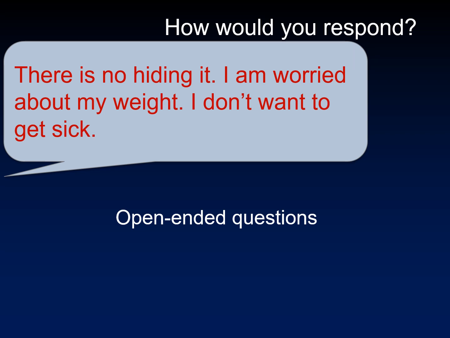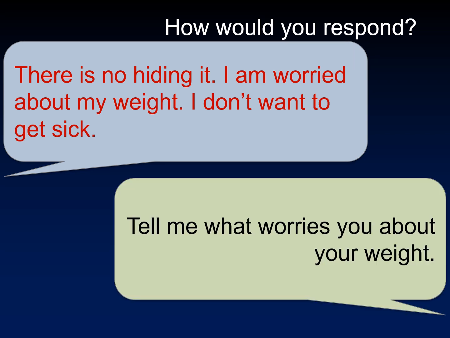And as an example, tell me what worries you about your weight. Right? So they've told you they're worried about it, but actually you don't know why they're worried. You made an assumption that they're worried about diabetes. I once had a patient who told me her main worry was that it was difficult to find clothes that fit, right? And that actually was the engine, the driver of change for her.